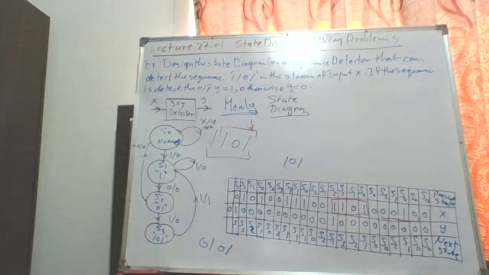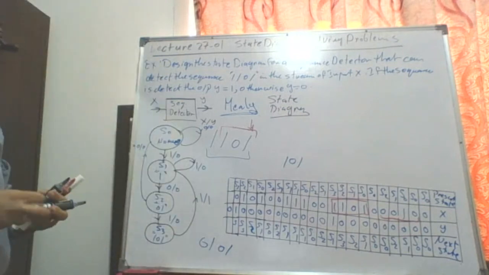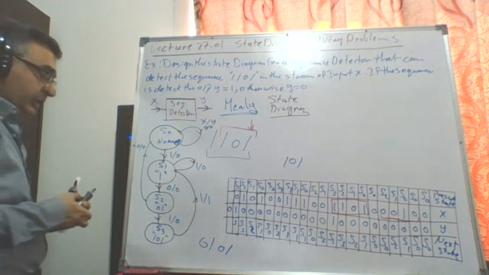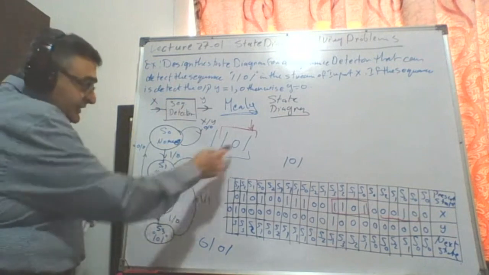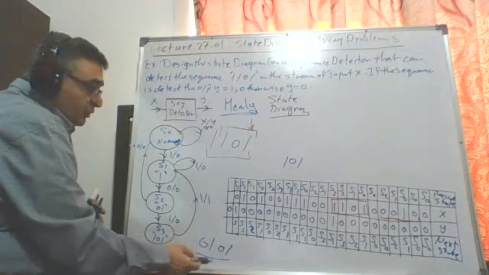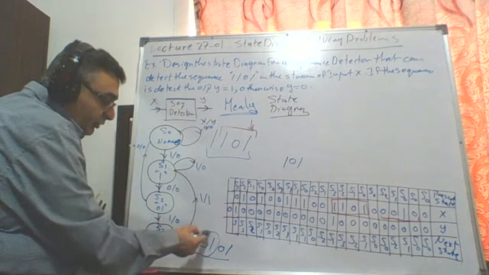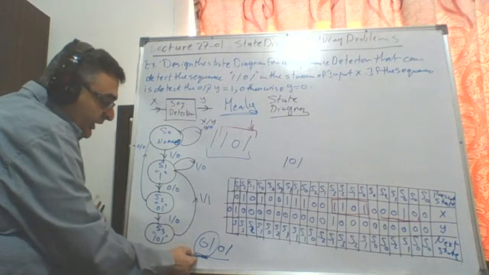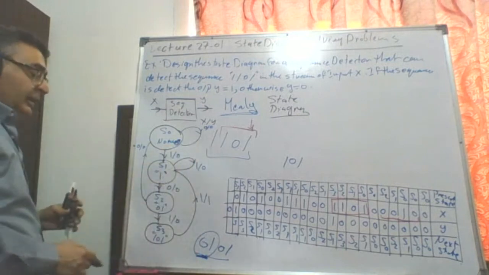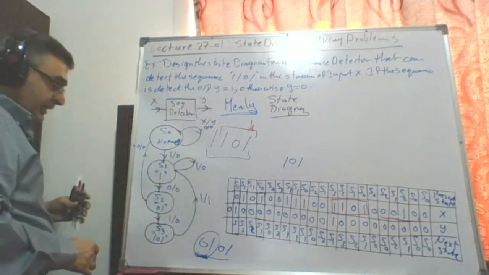How should my memory be? What do I actually want to remember here? Does this sequence match? The answer is no. So what kind of history do you want to remember? The 10 in the beginning? No. You want to remember only the last 10, because that has hope to complete. If it is followed by 1, it means I completed the sequence again.